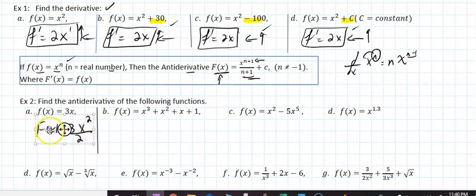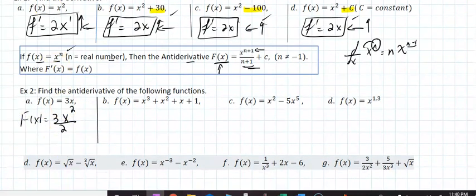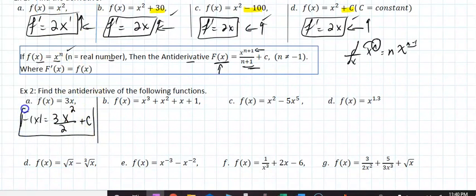And you could check quickly if you like. And of course, we're going to have to add a c because we're not sure if there is a number. If there's a 0, then we say c is 0. And if you take a derivative of this, don't you bring the power down? The 2's cancel out and you're left with 3x.